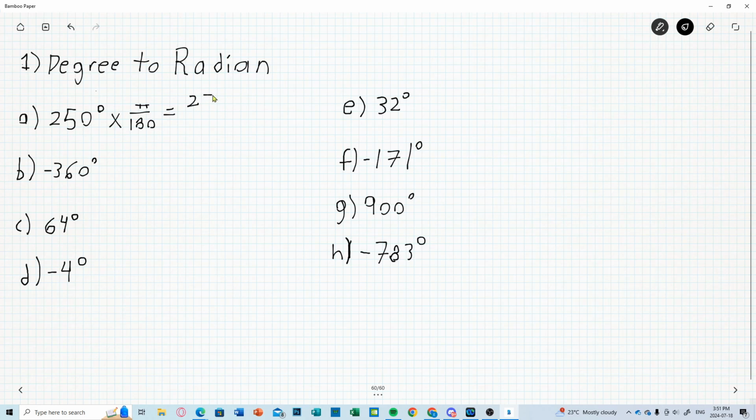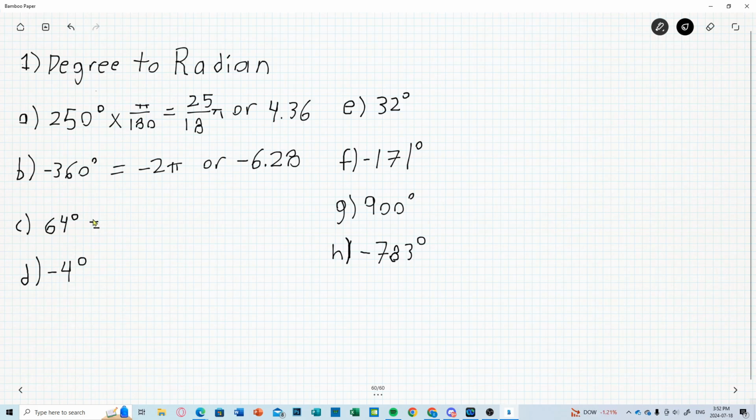either 25 divided by 18 pi, or, depending on what your teacher wants, approximately 4.36. Next up, we have negative 360. For this one, it's either negative 2 pi, or approximately negative 6.28.